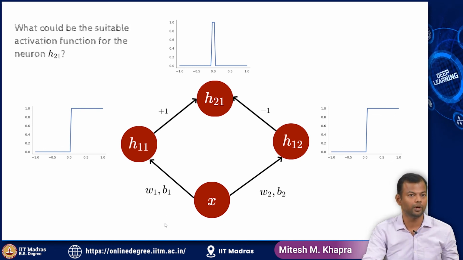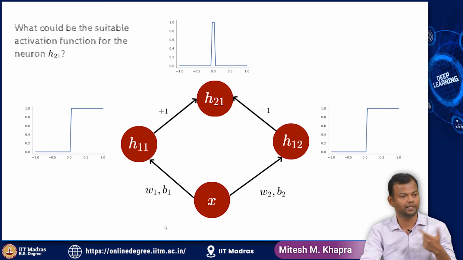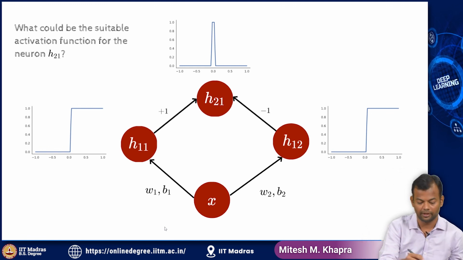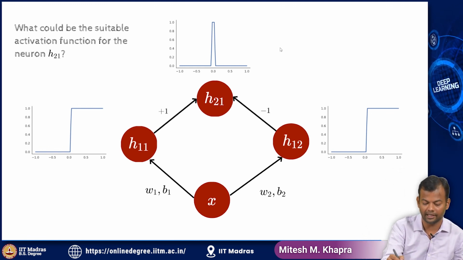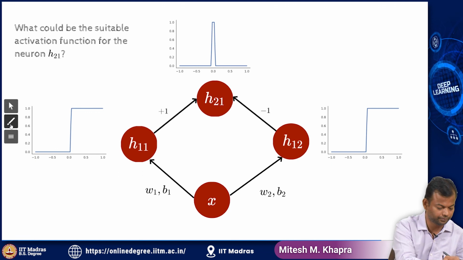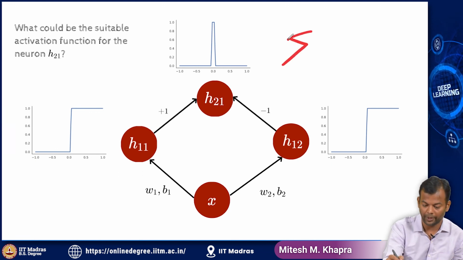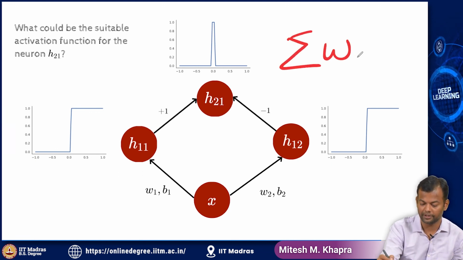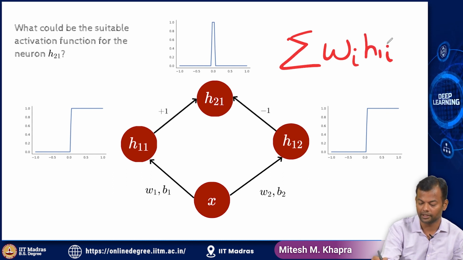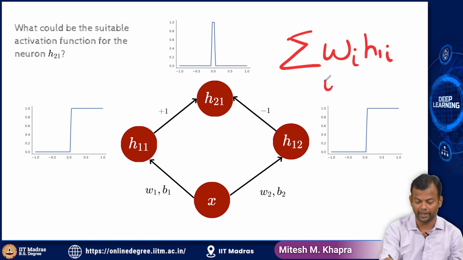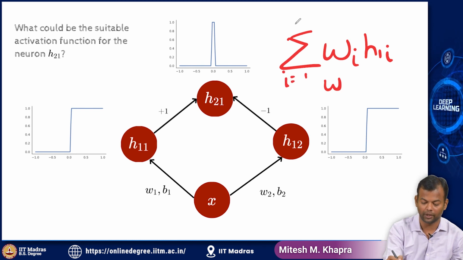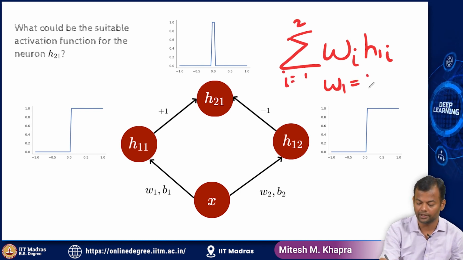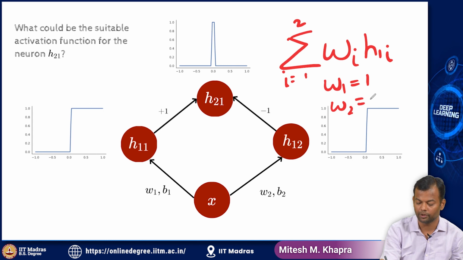And what is H21? What will you use for H21? Nothing. It's just a linear function, right? So it's just taking the weighted sum of its input. So I'll just call it the sum of Wi H1i, where i is equal to 1 to 2, and W1 is equal to 1 and W2 is equal to minus 1, right?